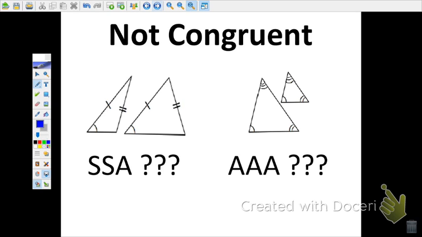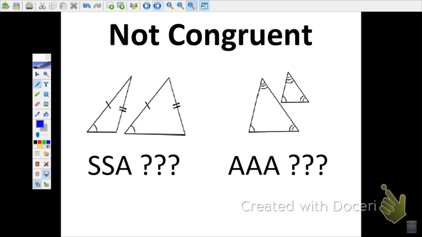One of those that does not prove congruency is side-side angle. We have side angle side, so if the angle is between the two sides, we can prove they're congruent. But if the angle is not between the two sides, like you see in the picture, you cannot say they are congruent.